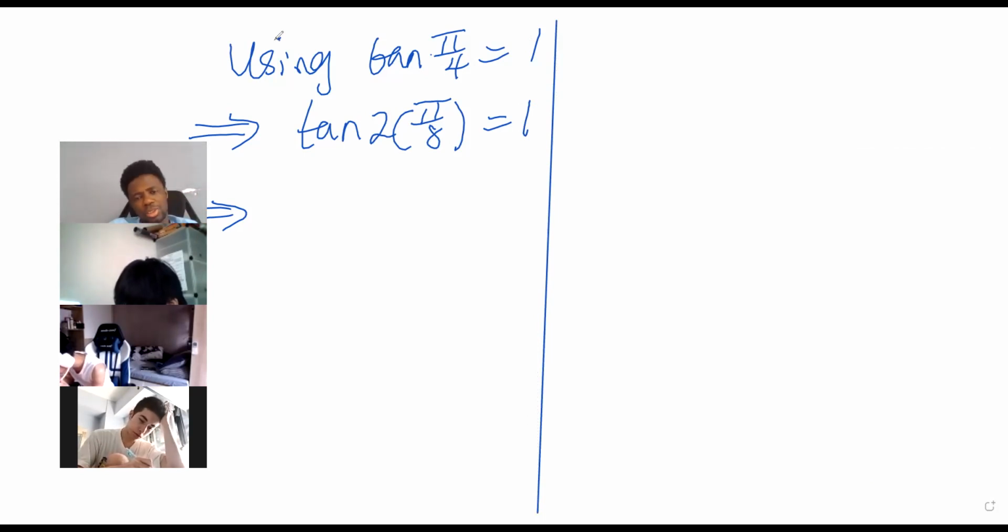So what does the question say? It says, find tan A. Tan 2A has been given. Tan 2A is what? Negative 12 over 5.